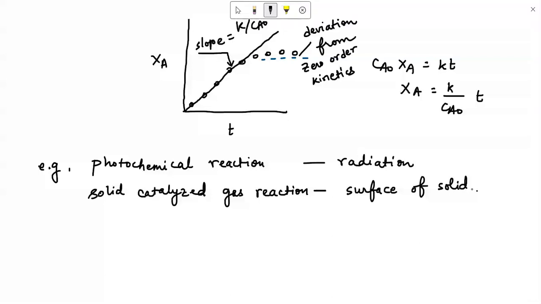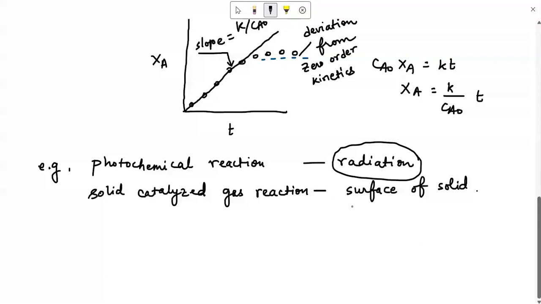These are two main categories, especially the photochemical reaction, which is a very well known example of zero order reaction. It is important in these cases to define the rate of zero order reactions such that this other factor, like radiation in case of photochemical reaction, and surface of solid in case of gas reactions catalyzed by solid, is accounted for.